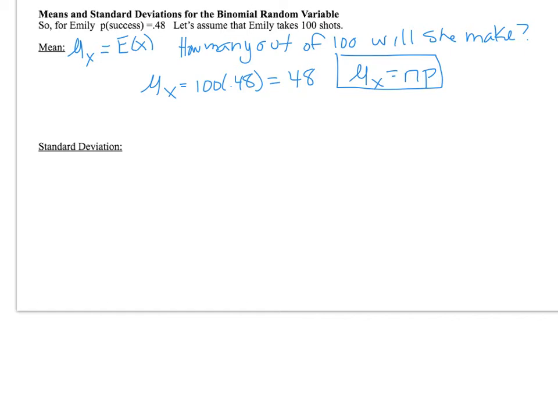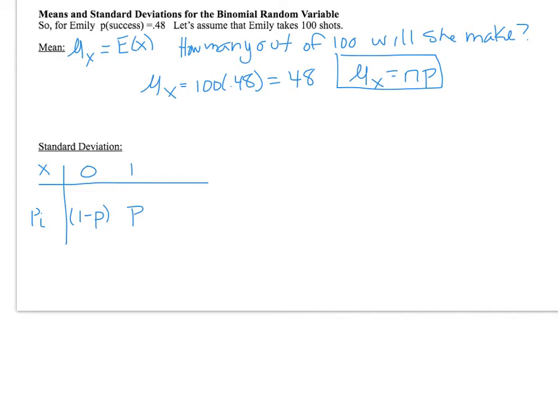Moving to standard deviation, if we consider again that x is the binomial random variable and it is discrete, we can actually generate the probability distribution for x. It only takes on two values, 0 and 1, a success being 1, a failure being 0, and then we have our p sub i of failure being 1 minus the probability of success and success being just p.